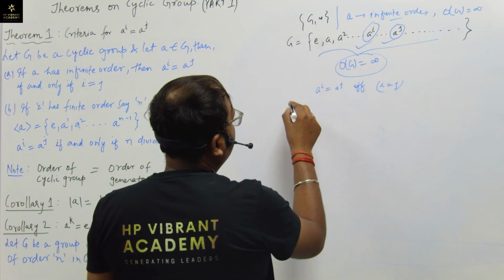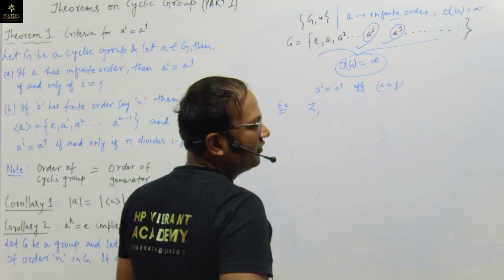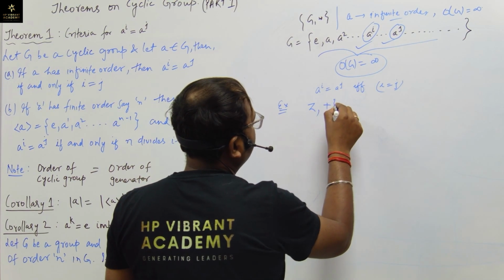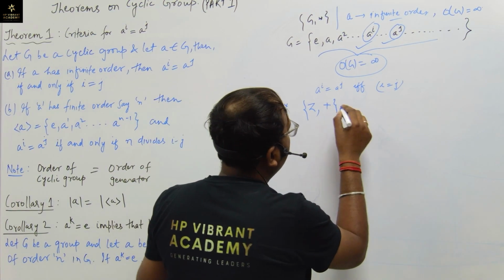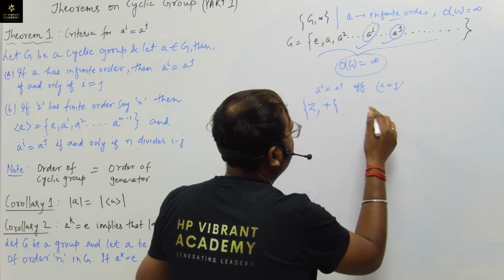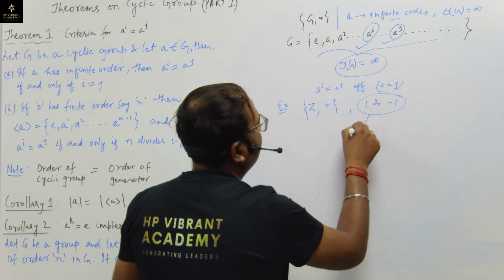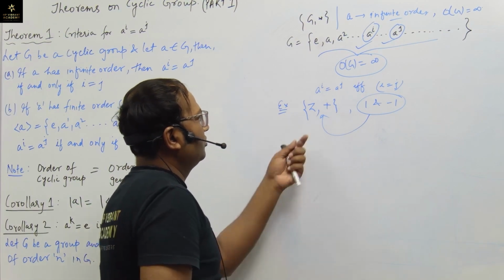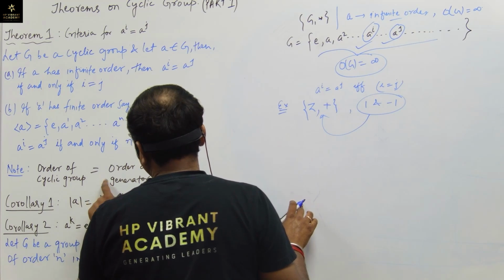Let us take the example of the group of integers under addition. We have seen in the previous lecture that the generators of this group are 1 and minus 1. Based on this concept, the order of a cyclic group is equal to the order of its generator.